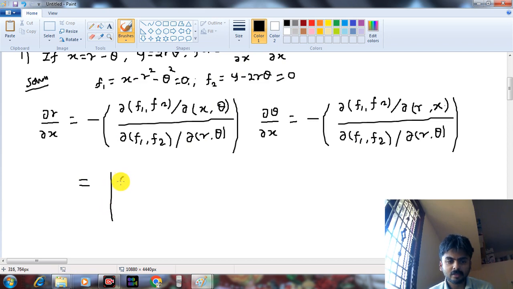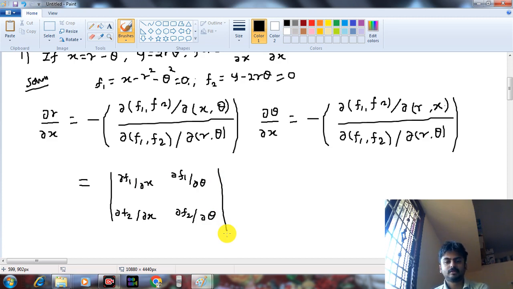Here we are having ∂f1 by ∂x and ∂f1 by ∂theta, and ∂f2 by ∂x, and here ∂f2 by ∂theta, okay.